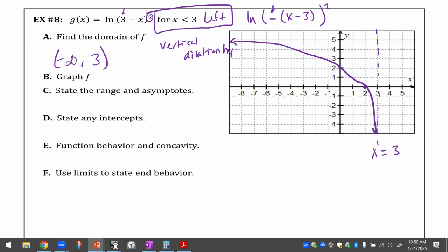So it's a vertical dilation by 2. It would be reflected over the y-axis, and it was translated 3 units right compared to its parent function.